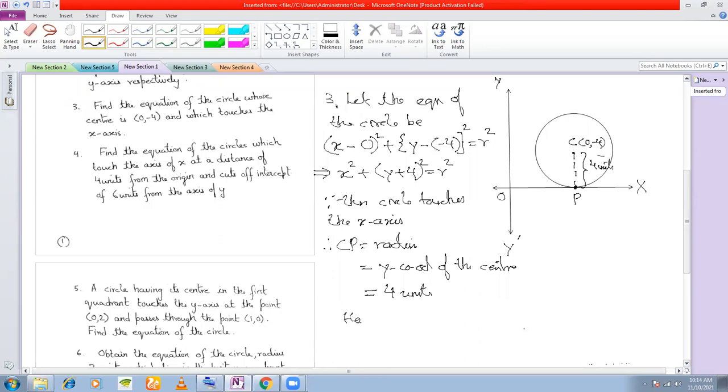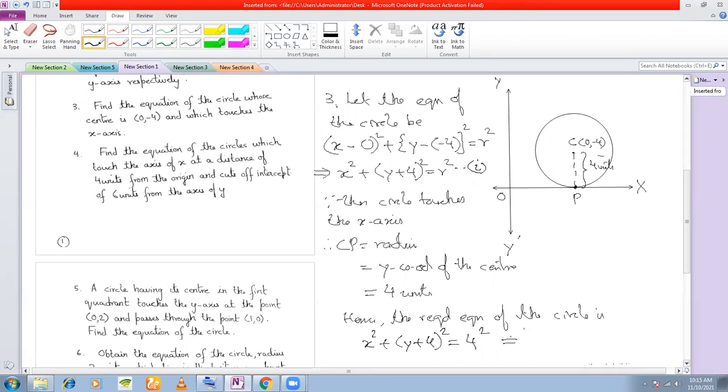Hence, the required equation of the circle is, let us call this 1, x square plus y plus 4 square is equal to r square.